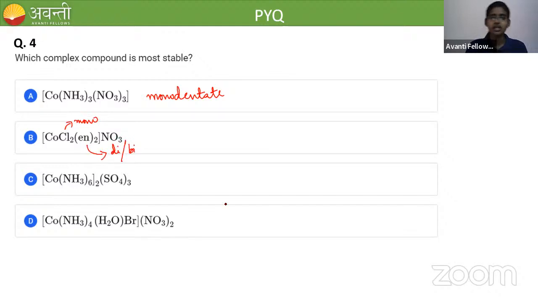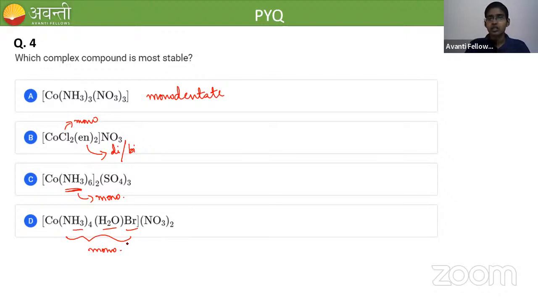Coming to option C, we have NH3 as ligand, which is monodentate. Coming to option D, we have four amine ligands, one H2O and one Br. All three ligands are monodentate.